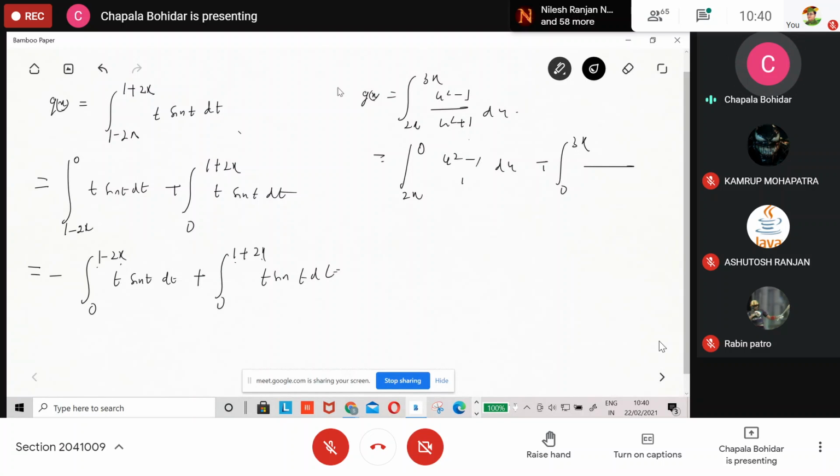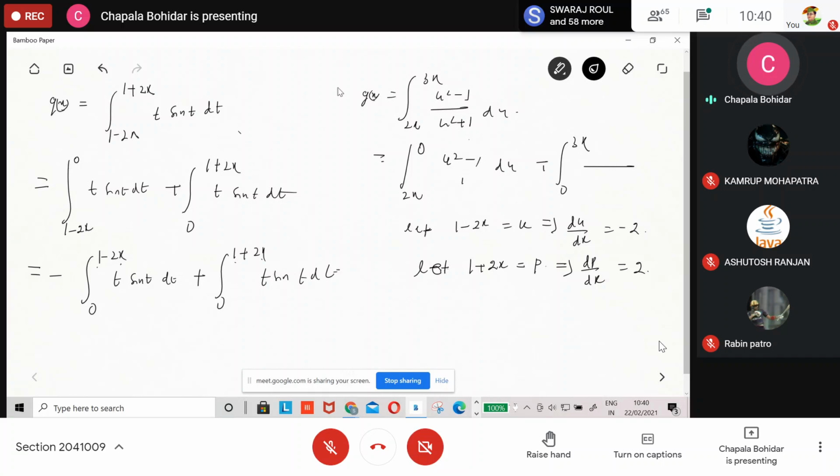So first, if I solve this one, let 1 minus 2x be equal to u. This implies du by dx is equal to minus 2. Again, for the second integral, let 1 plus 2x be equal to p. This implies dp by dx is equal to 2.